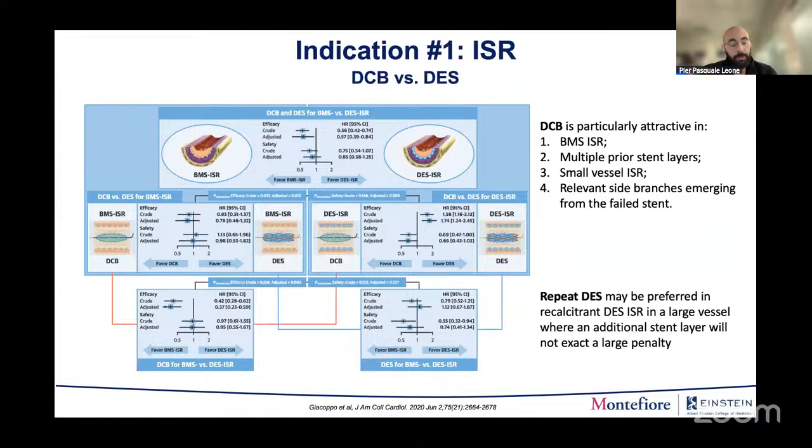Nonetheless, whenever we have episodes of recalcitrant ISR, so ISR lesions repeatedly restenosing after DCB, then it might be the case that a drug-eluting stent might actually be helpful. Of course, that might be a little bit more difficult if we have patients with small vessel ISR. But at some point, if the drug-coated balloon is not working, a second stent might be required.